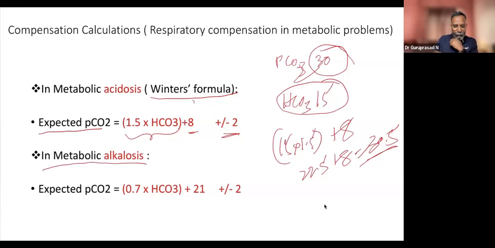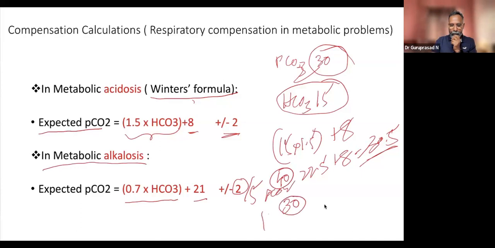The formula is 0.7 times bicarbonate plus 21, plus or minus 2, or some people take it as plus or minus 5. So if the bicarbonate is given as 30, in alkalosis, and the PCO2 is around 40, how do we calculate? 30 into 0.7 is 21, plus 21, which is equal to 42.